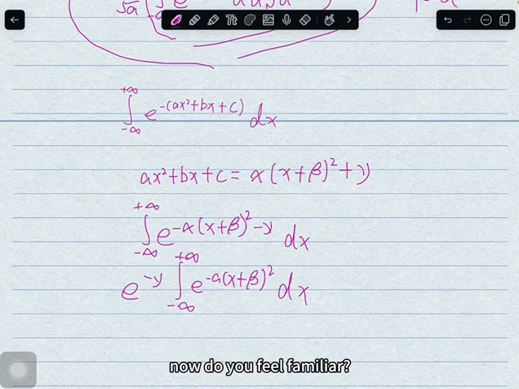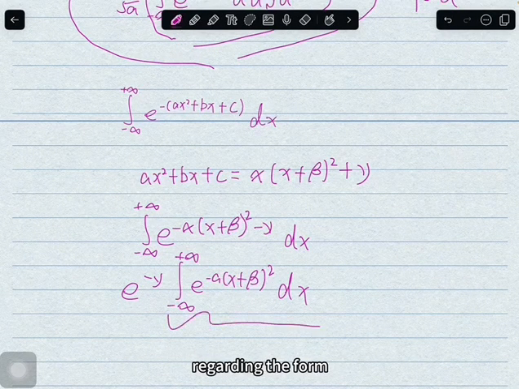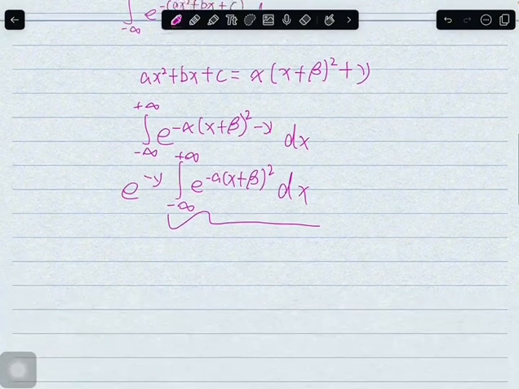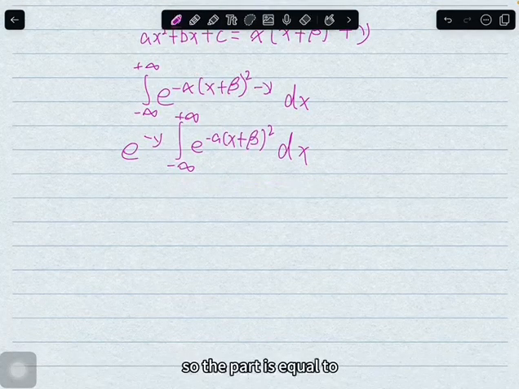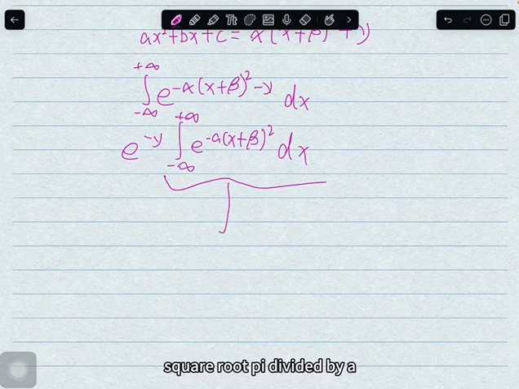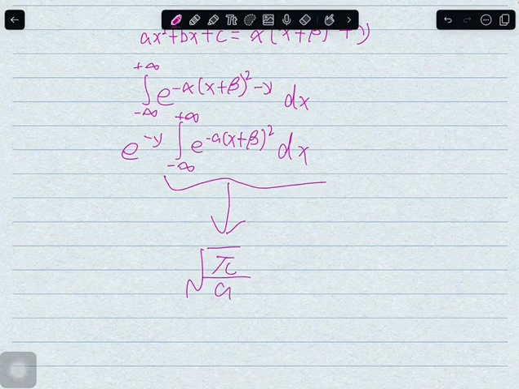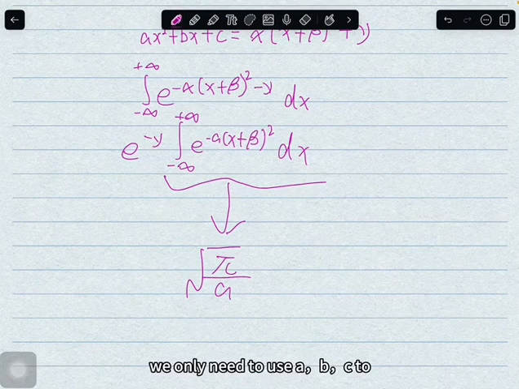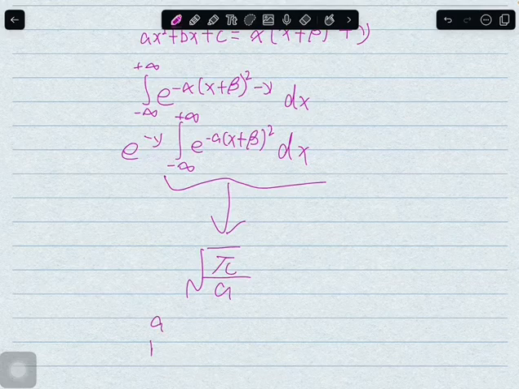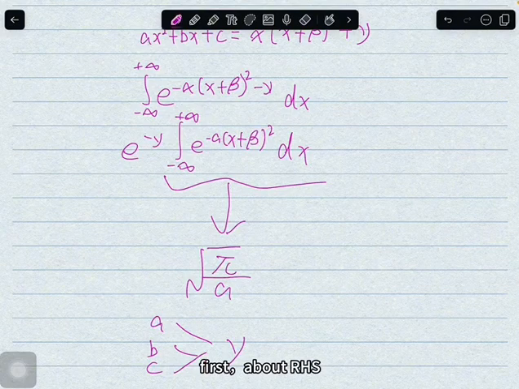Now, do you feel familiar with the form? So this part is equal to the square root of pi divided by a. In other words, we only need to use a, b, c to express gamma. First, about the right hand side, we need to spread it out.